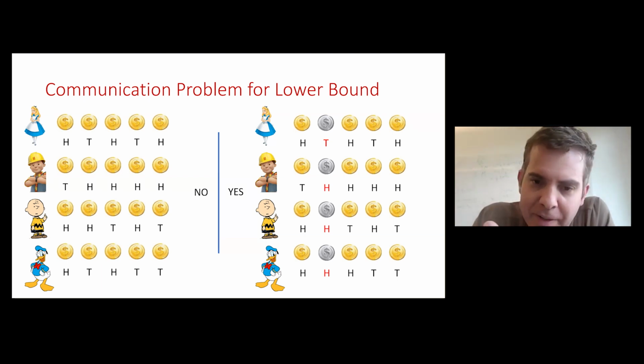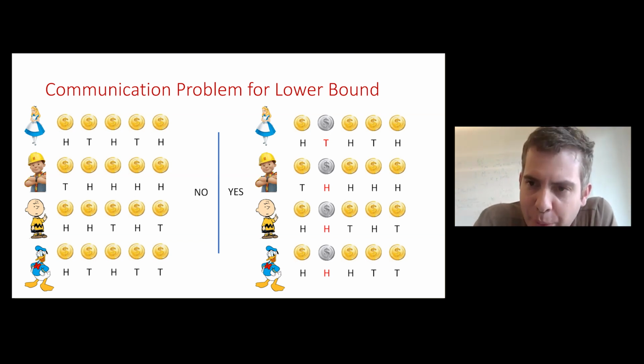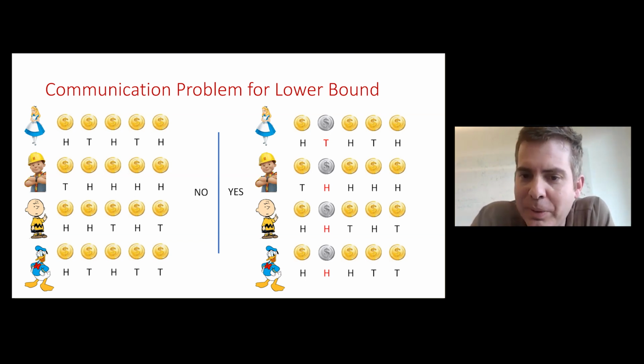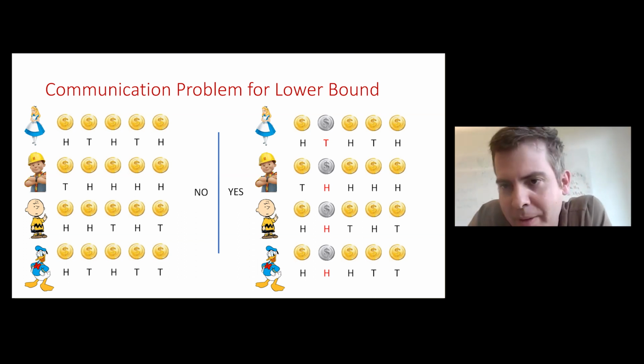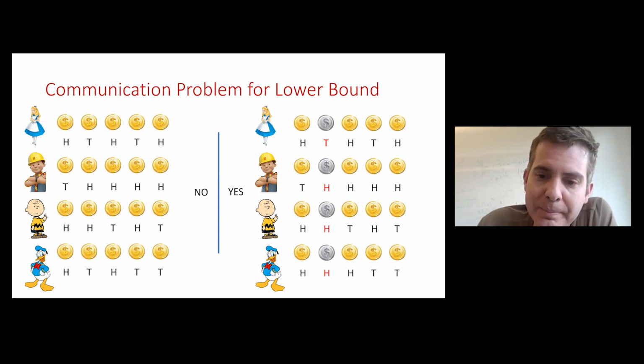On the right of the divide, this yes instance, L is equal to 2 here. So the second expert is a little bit biased towards being heads. In red, I have these 4 outcomes. And we want to distinguish these 2 cases. This is the instance that we're looking at.